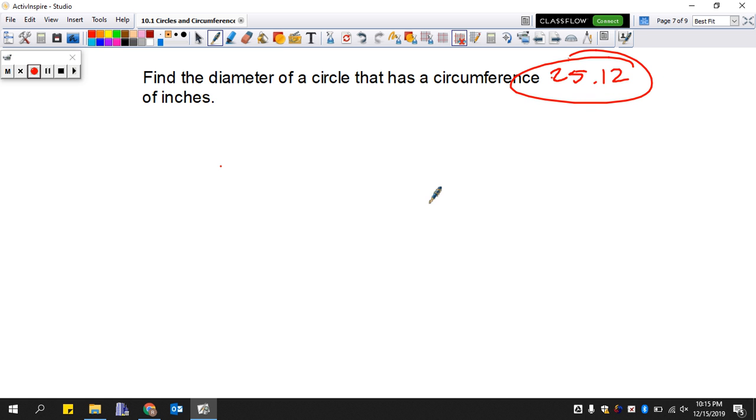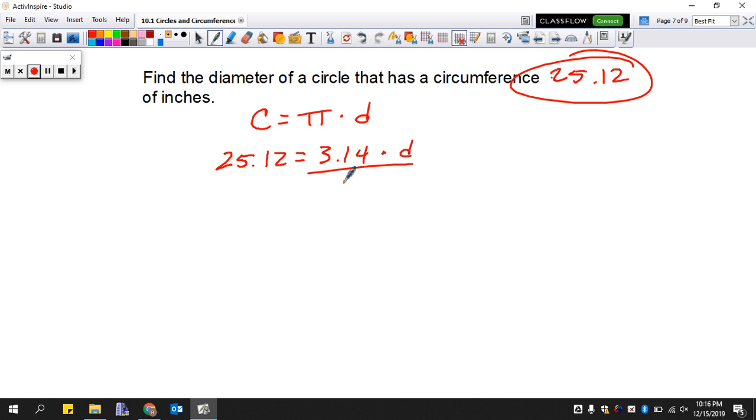Remember, the circumference is equal to pi times diameter. So we plug that in: 25.12 is equal to 3.14 times the diameter that we're looking for.